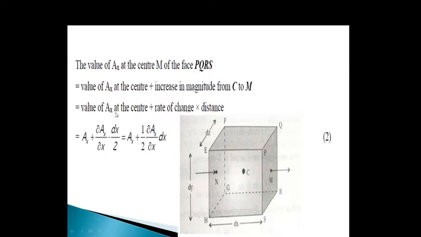Therefore, the value of A of x at the center plus the rate of change of vector A of x can be written as dou of A x by dou x in place of the distance dx by 2. Therefore, A of x plus half of dou of A x by dou x into dx.